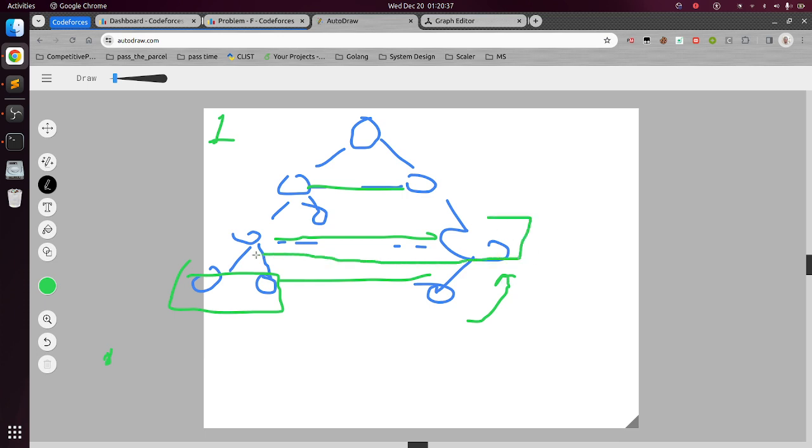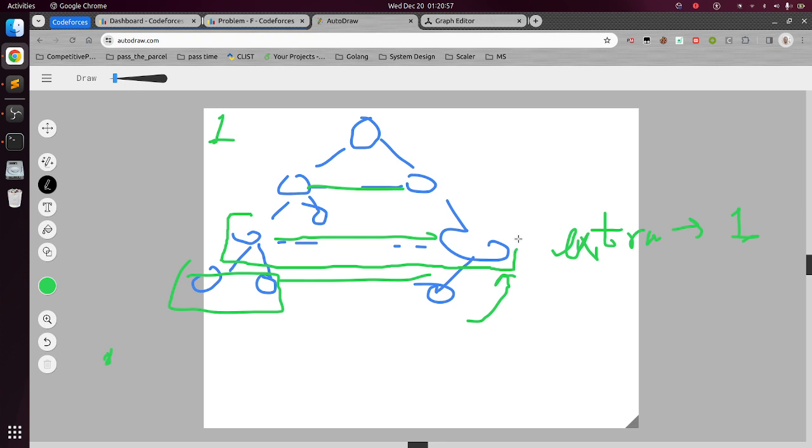So at this level, I have one extra coming from the level below. You also have an even number here, so you will combine both of them.